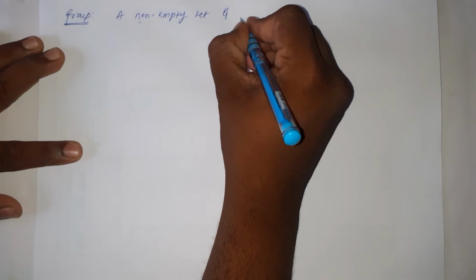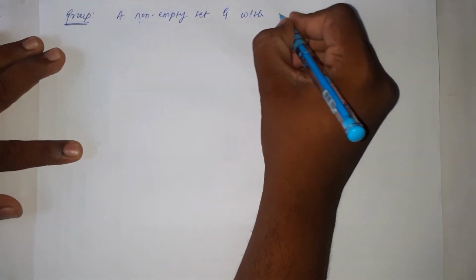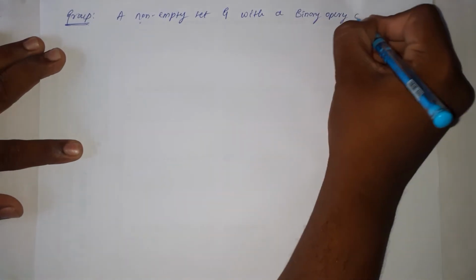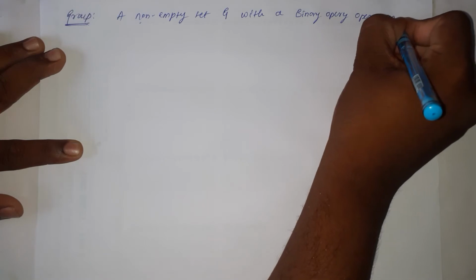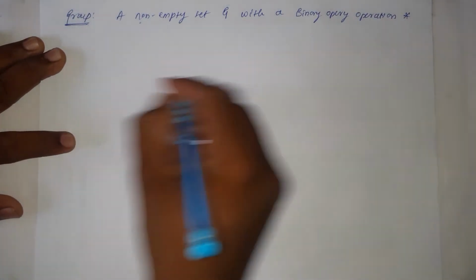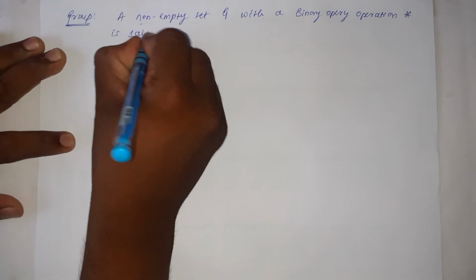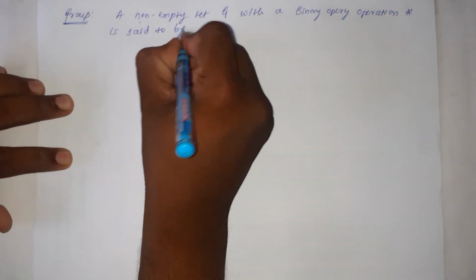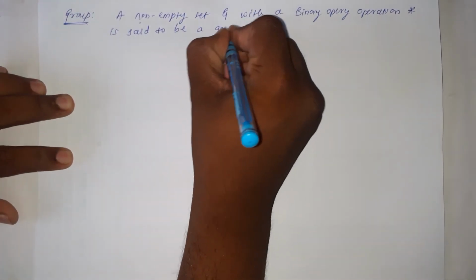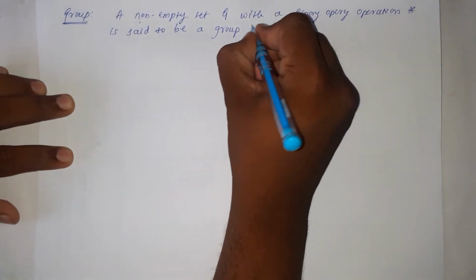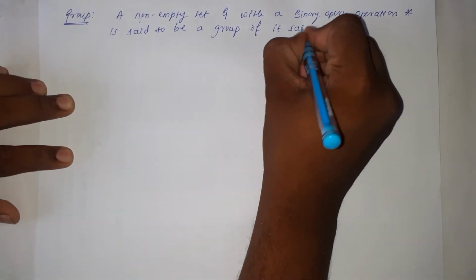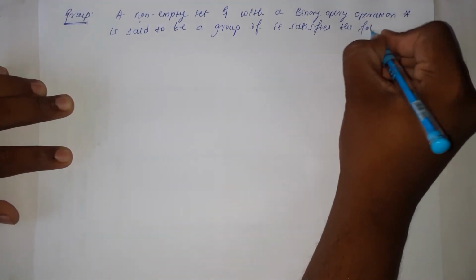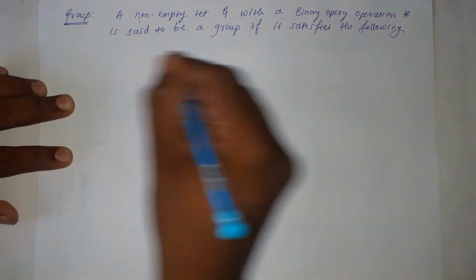A non-empty set G with a binary operation star is said to be a group if it satisfies the following laws.